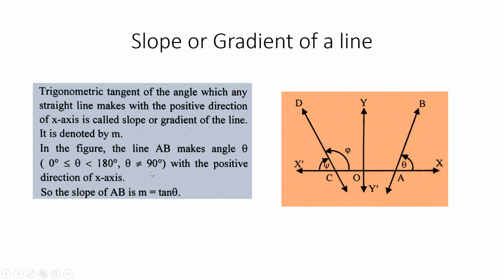In the figure, the line AB makes an angle theta, from 0 degrees to 180 degrees, where theta is not equal to 90 degrees, with the positive direction of the x-axis. So the slope of AB is m = tan theta.